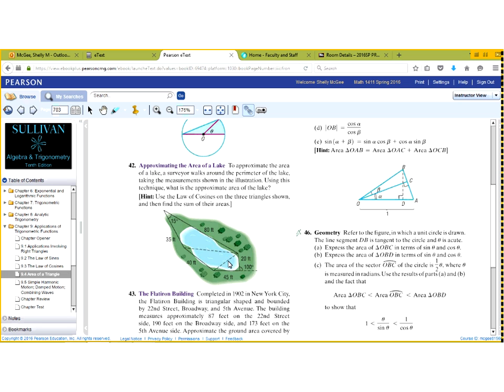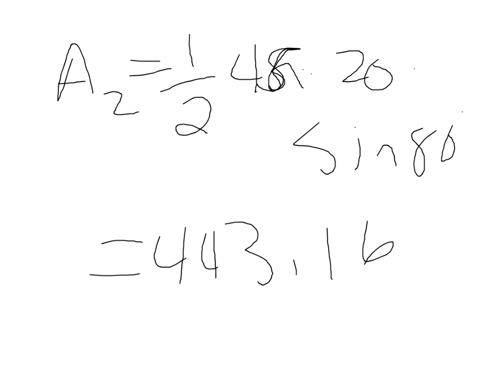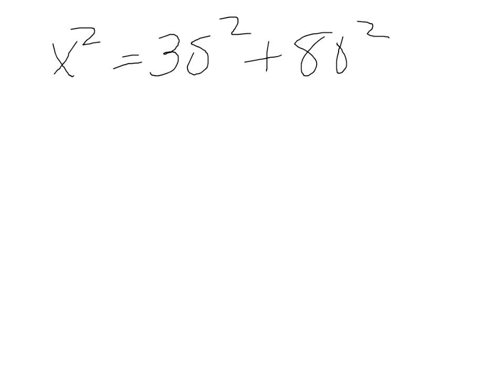So looking here to get the upper dotted line for triangle 2, I'm going to use law of cosines on 35 feet, 80 feet, and 15 degrees. I'm going to call it x. X squared equals 35 squared plus 80 squared minus 2 times a times b.